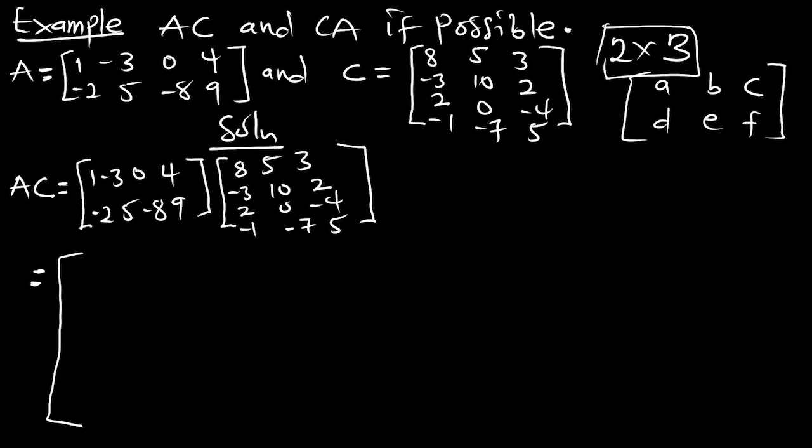To get my A, which is on the first row, first column, I'm going to work with the first row, first column. Are we okay?